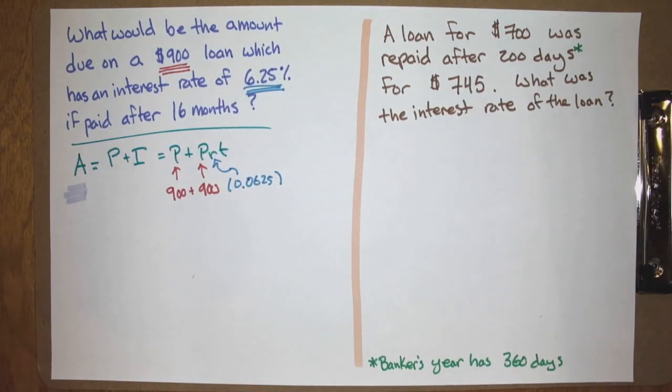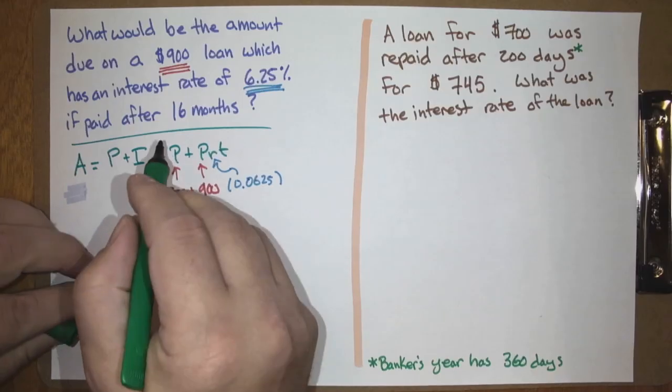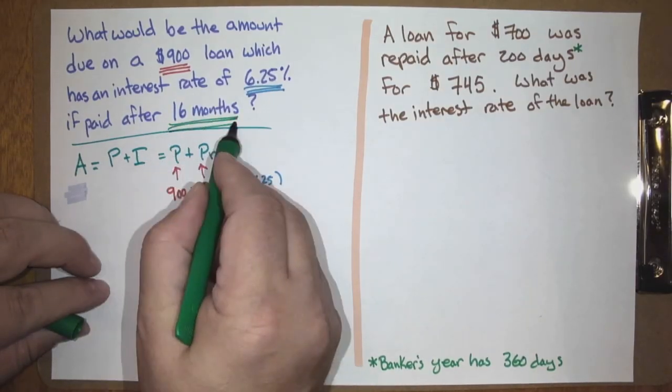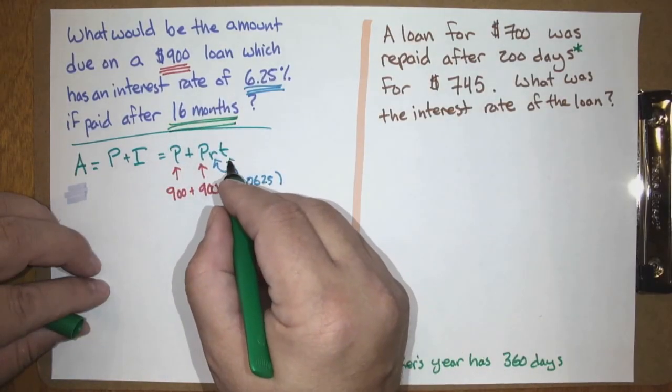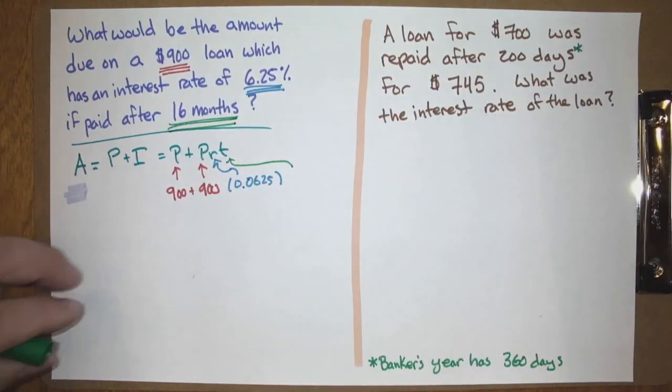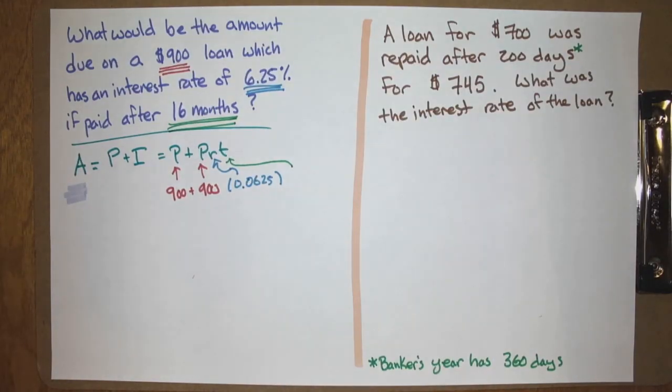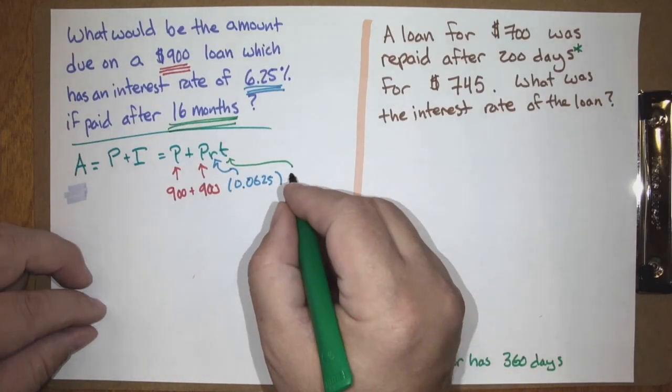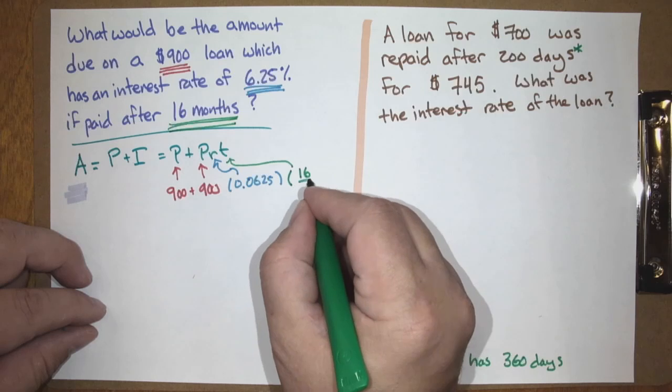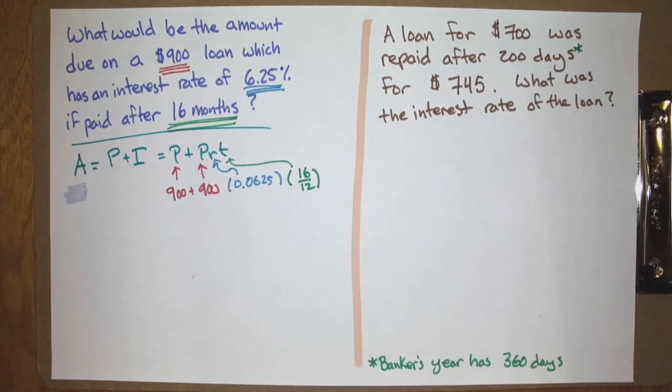Convert it into digits. Do we know T? What is T? 16 months. Okay, so we need to convert 16 months into some equivalent number of years. So how can we do that? Yeah, okay, so there's a great suggestion. There's 12 months in a year, so if you just take 16 over 12, that's how many years there are in 16 months.